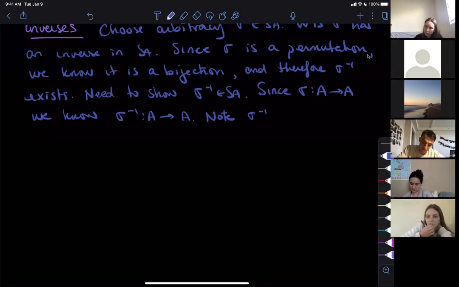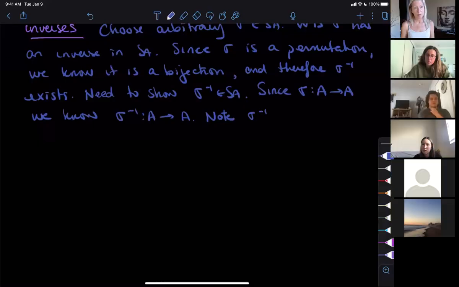What if it wasn't one-to-one? What would be wrong with sigma? Anybody know? If sigma inverse wasn't one-to-one, then sigma wouldn't be onto, so sigma wouldn't be a bijection. Oh, so close. If sigma inverse wasn't one-to-one, then maybe it was like two-to-one, like there'd be two things going to one.